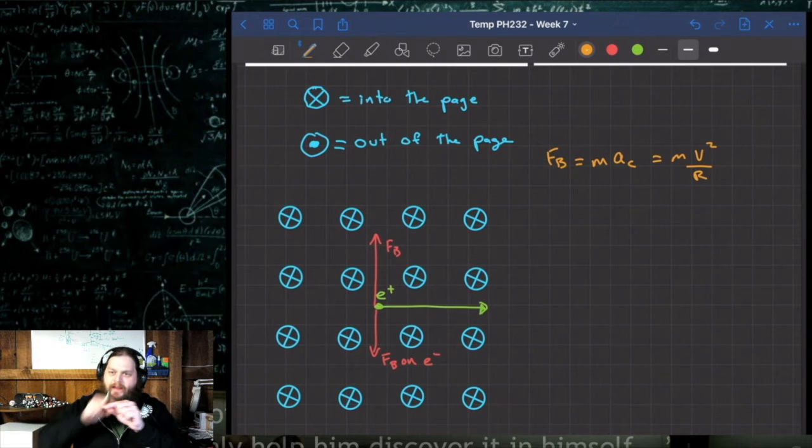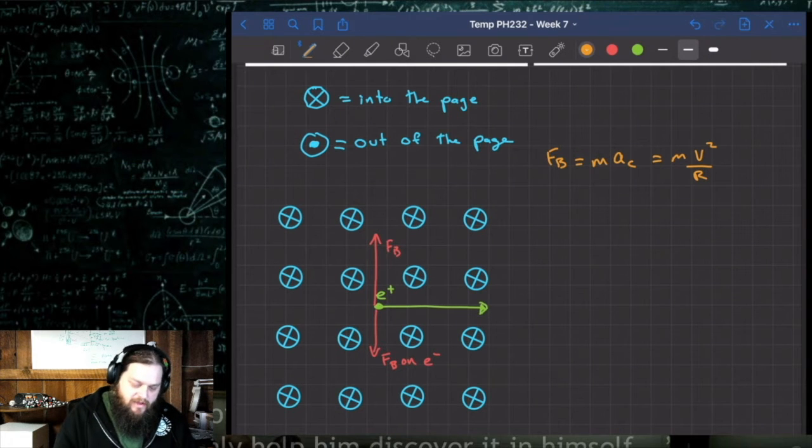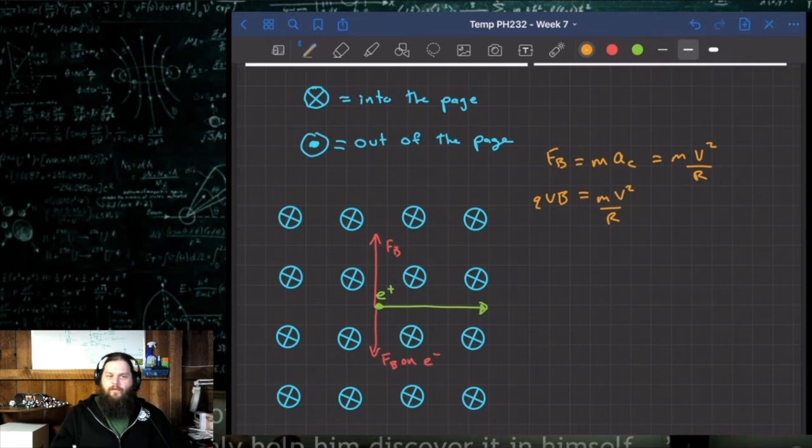Before we had it tethered to the circle, but as long as that magnetic field is orthogonal to the direction of travel, we are constantly getting this perpendicular force, so that our particle will just spin in a circle. So we can substitute in the value qvB, which is equal to the magnetic force, which would then be equal to mv squared over r. And we can use this to solve for the radius.